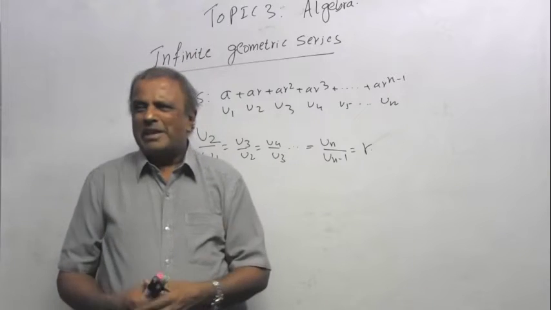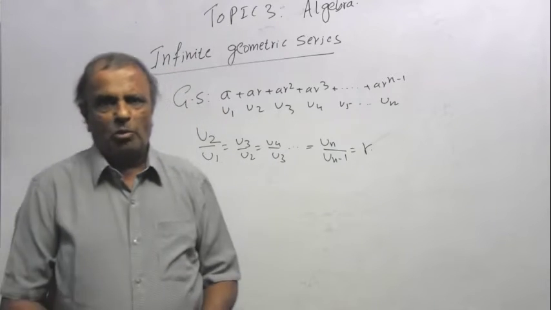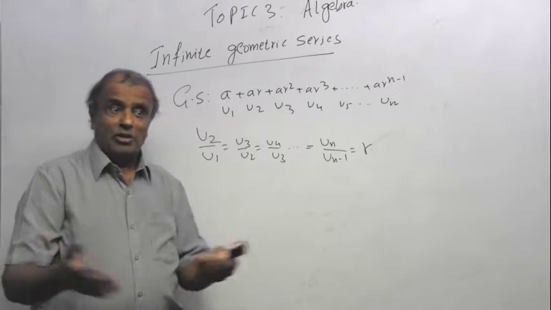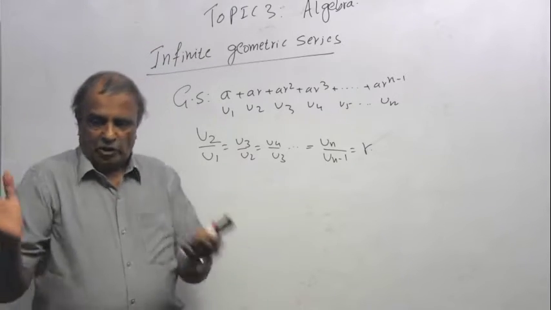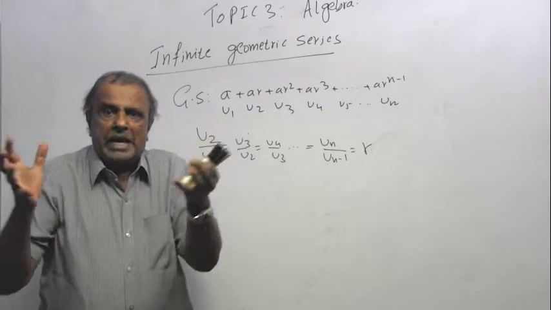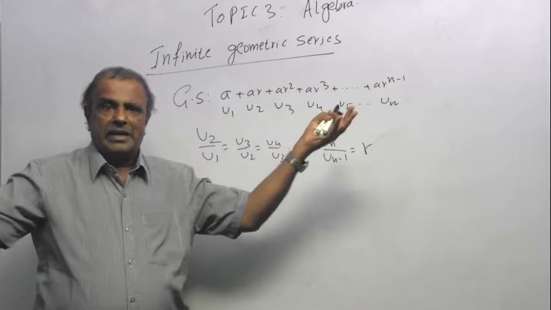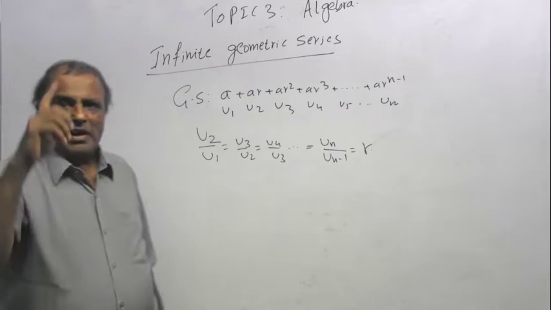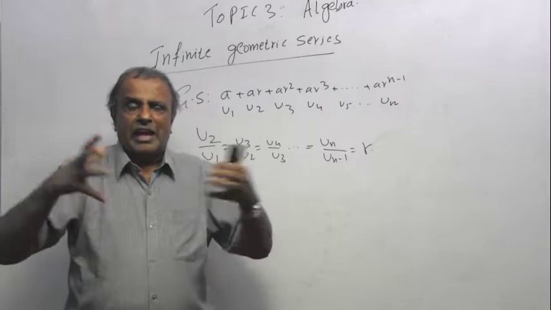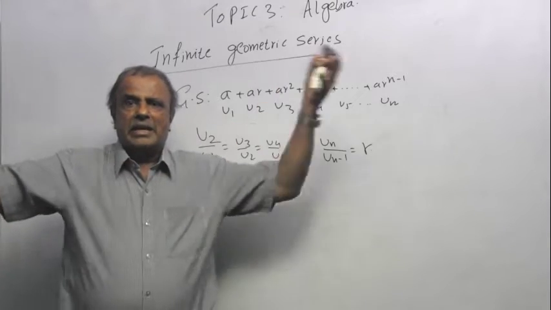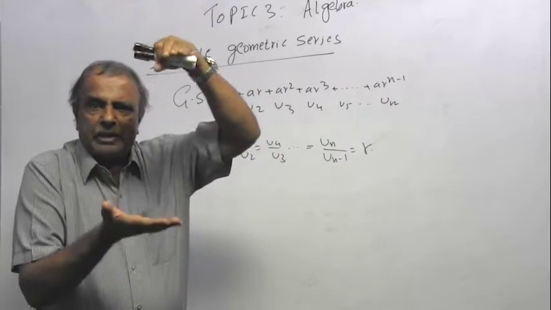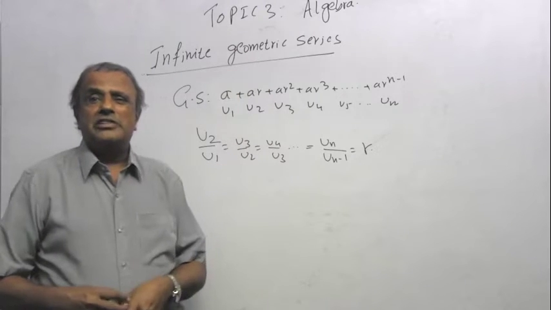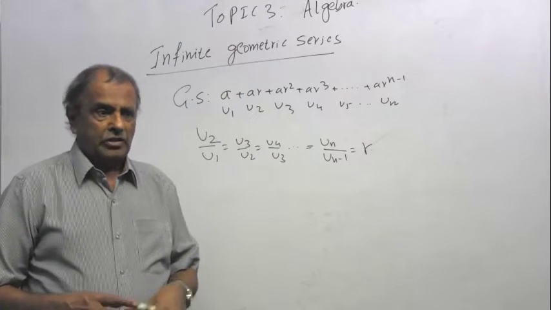Because 0.1 is 1 over 10, 0.01 is 1 over 100, 0.001 is 1 over 1000. So your denominator is becoming bigger and bigger. Remember when we did the asymptotes, the function y equals 1 over x. As x becomes bigger and bigger, the value of 1 over x becomes smaller and smaller, then we call it a convergent series.